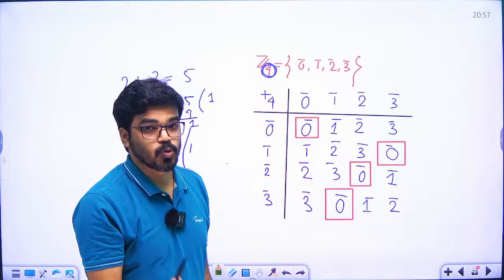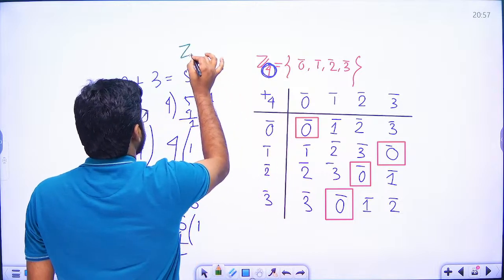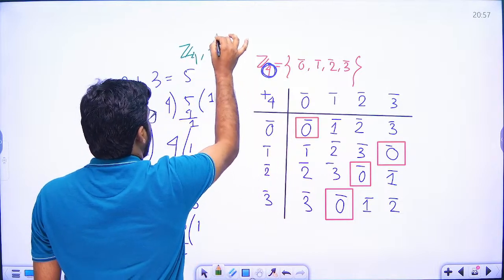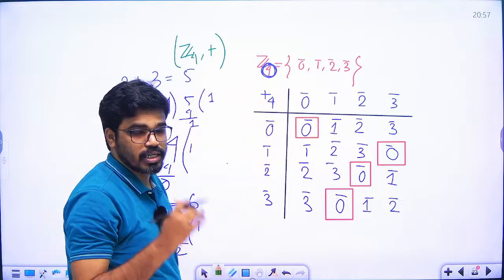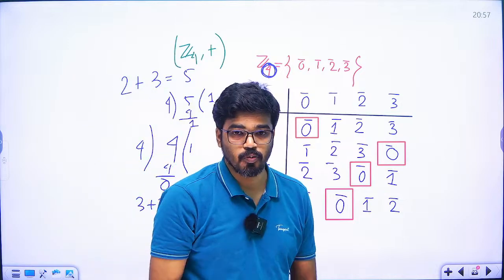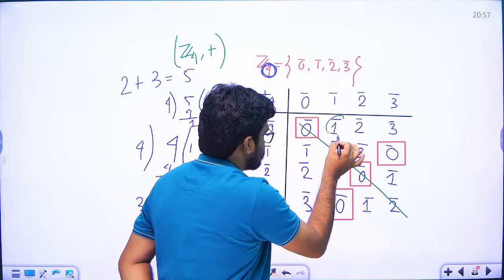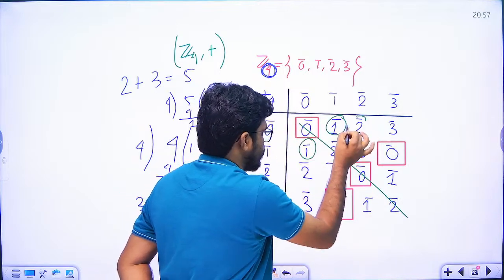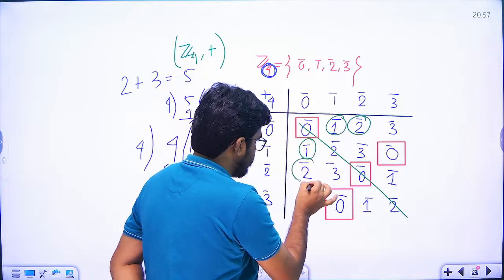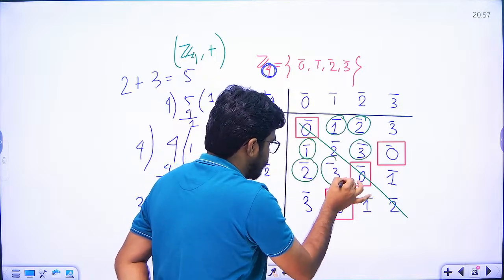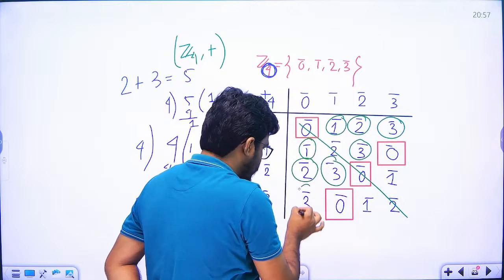So this is a group, that means we conclude that Z4 comma plus is a group. Now we have to show that this is an abelian group. Obviously about the principal diagonal, this is a symmetric matrix, element same, element same.